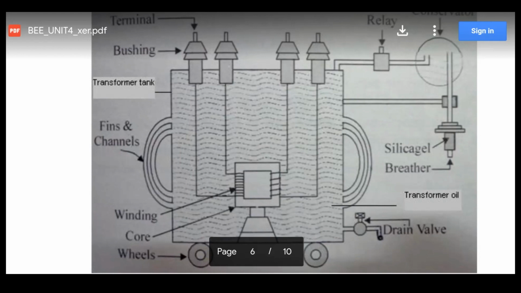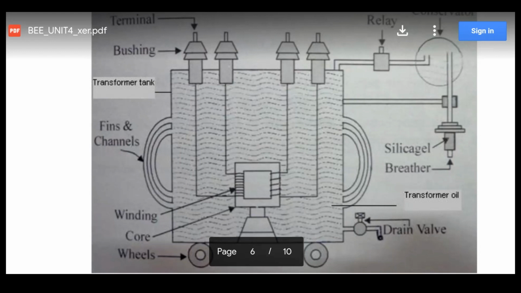These oils are also connecting the core and windings, so fault current or uninterrupted supply of large current is prevented.